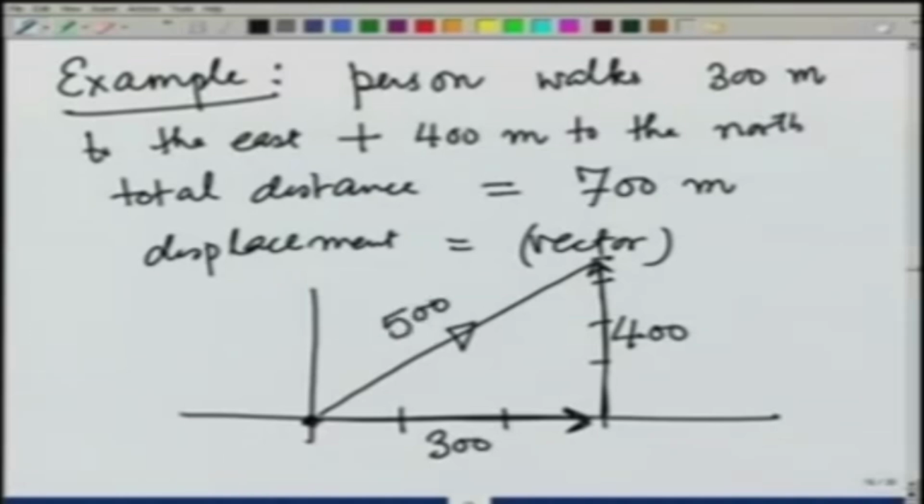So, net displacement of the person is 500 meters, and in which direction? At an angle theta, where theta is going to be tangent inverse of 4 over 3 from the east towards north. So, this is his net displacement. This is how you would find the addition of two vectors, and which gives you the magnitude and its direction.